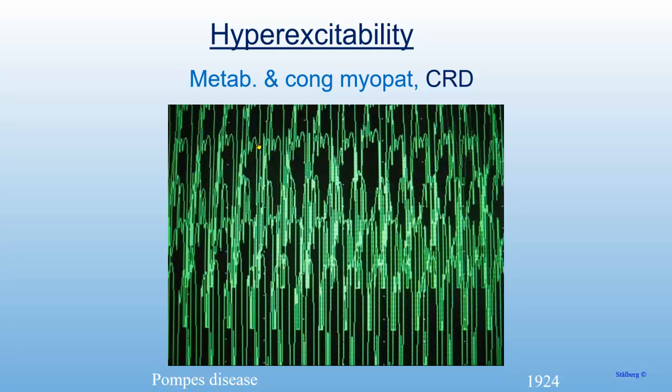It starts abruptly, ends abruptly, and is a very typical sign electrophysiologically, but it is not a diagnostic label. We cannot tell from which patient this is coming. We see this both in neurogenic conditions and in myogenic.